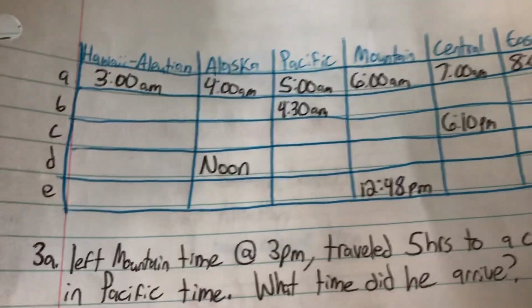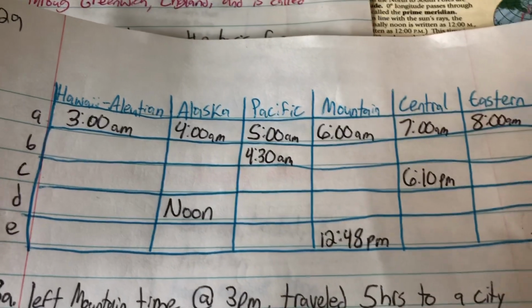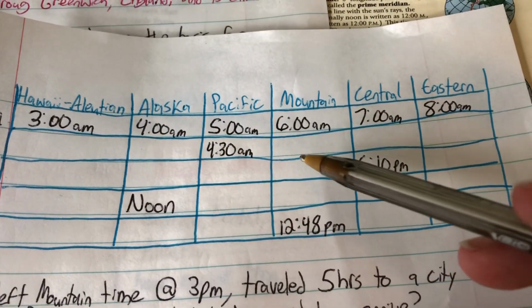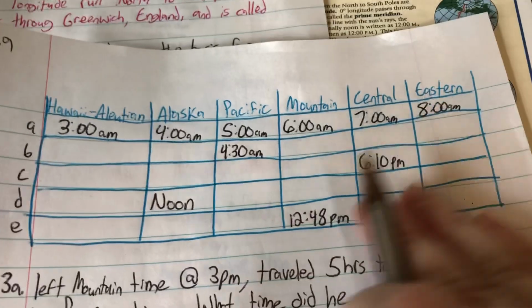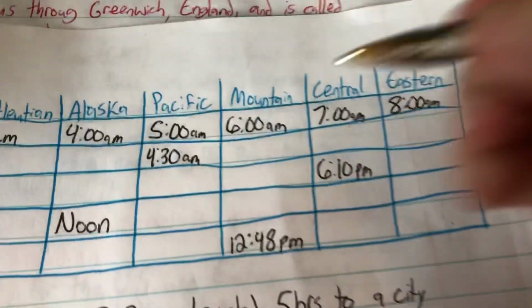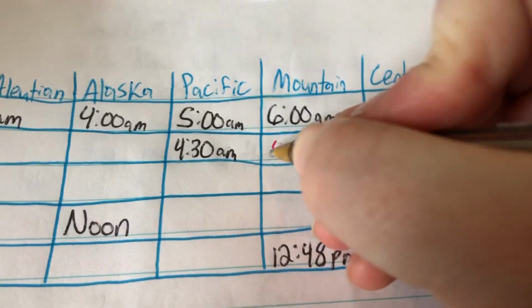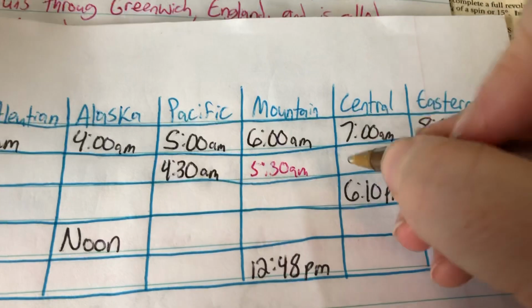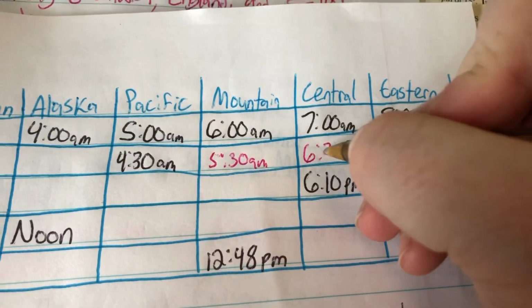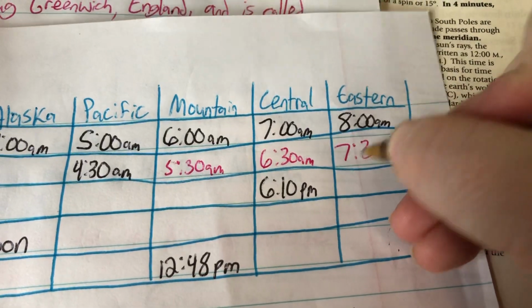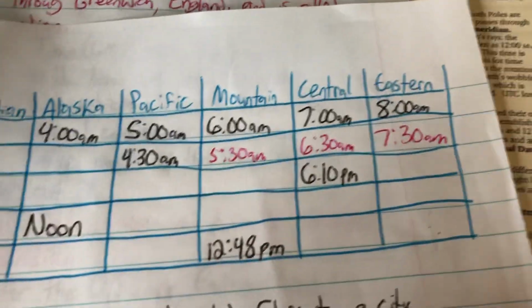So for B, the one it gives us is 4:30 a.m. in Pacific time. Each time I go to the right one, I'm moving up by an hour. So when it's 4:30 a.m. in Pacific time, 5:30 a.m. in Mountain, 6:30 a.m. in Central, and 7:30 a.m. in Eastern.